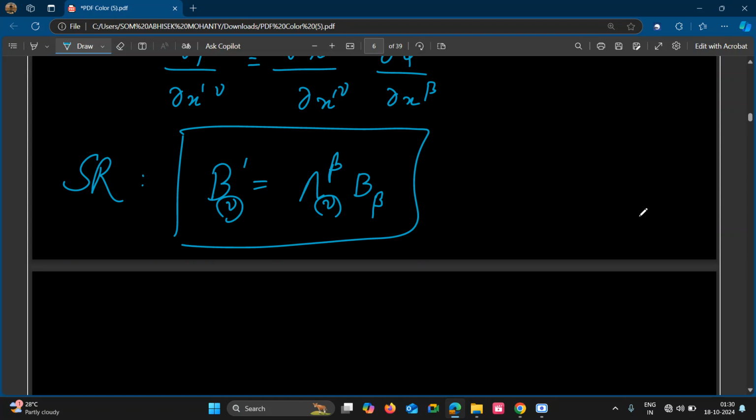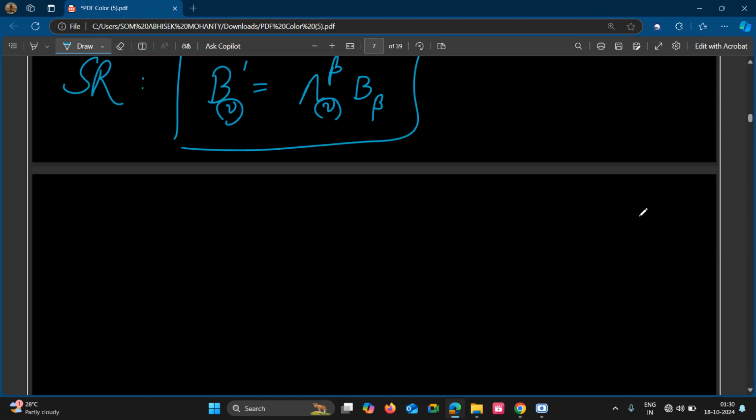Covariant vector is also called simply a covector. So you can write: covariant vector is also called a covector.